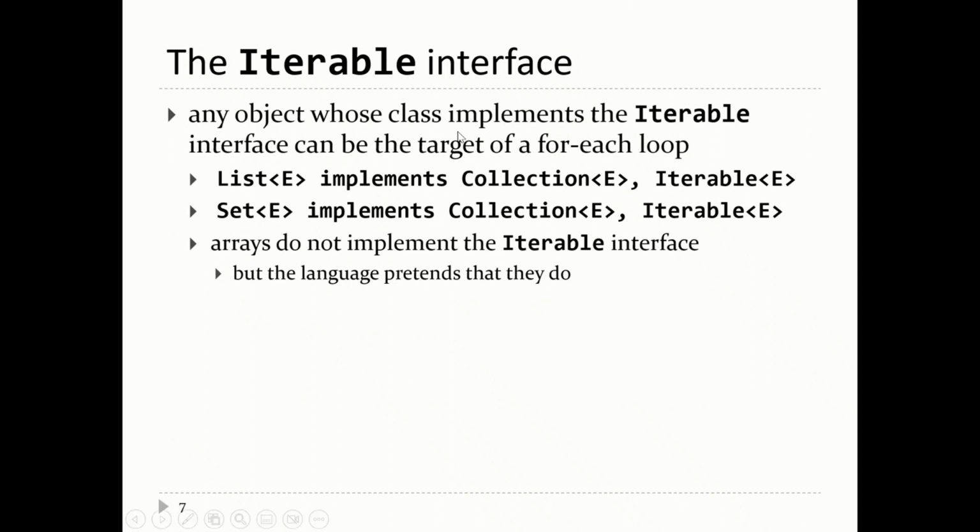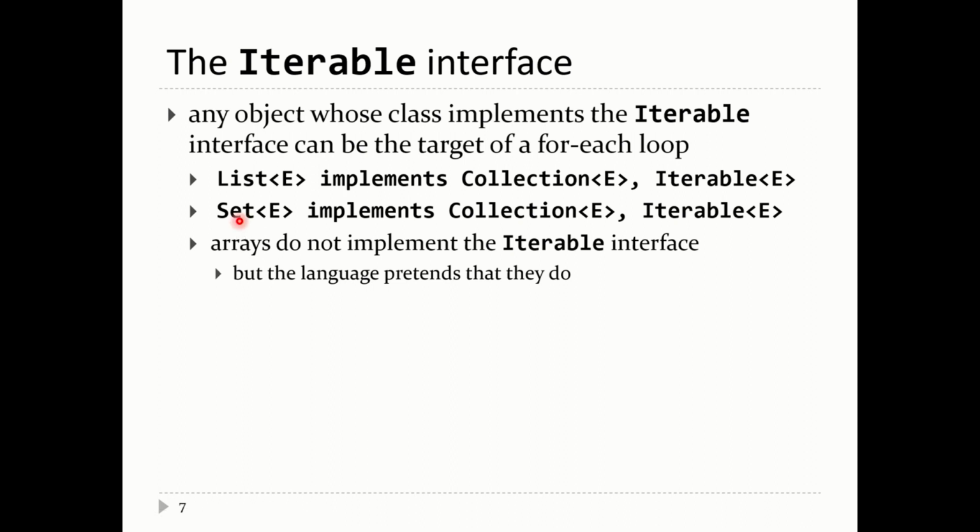So any object that implements Iterable can be a target for a for-each loop. That means if you have a class that has a collection of stuff and your class implements the Iterable interface, someone can write a for-each loop that loops over the elements of your class. You can write a for-each loop on a list, so it implements Iterable.